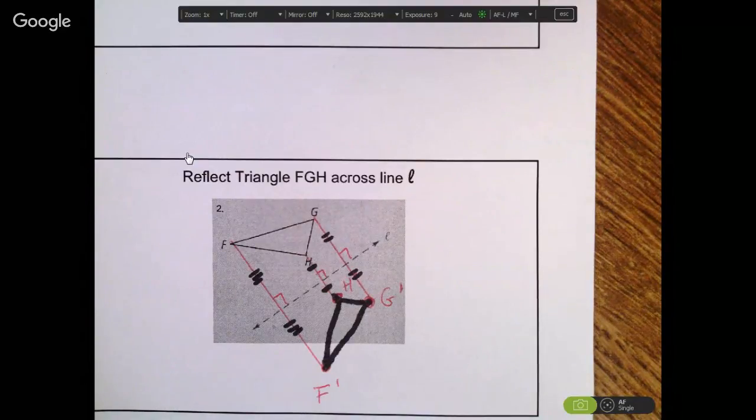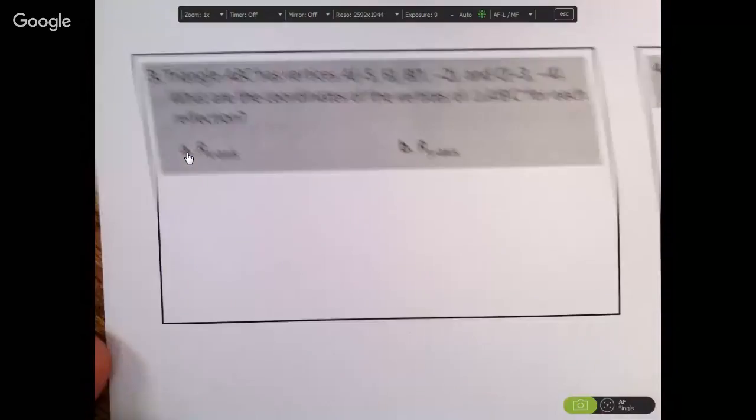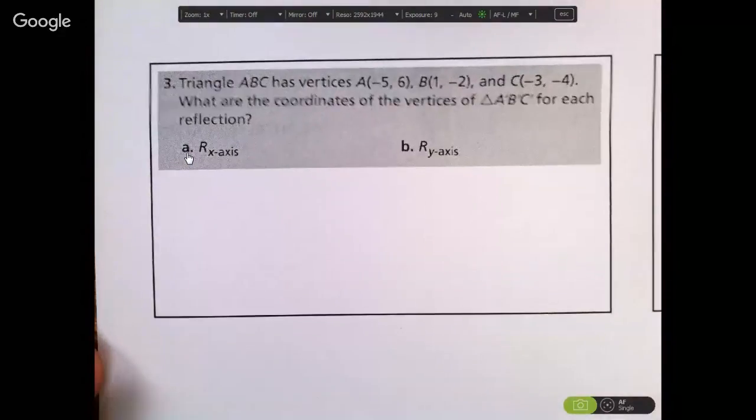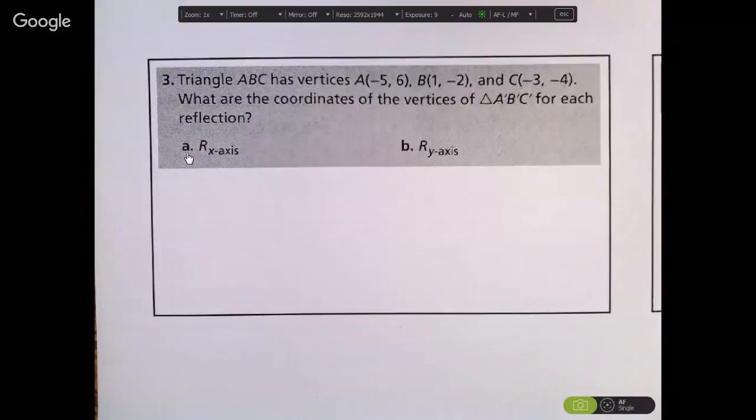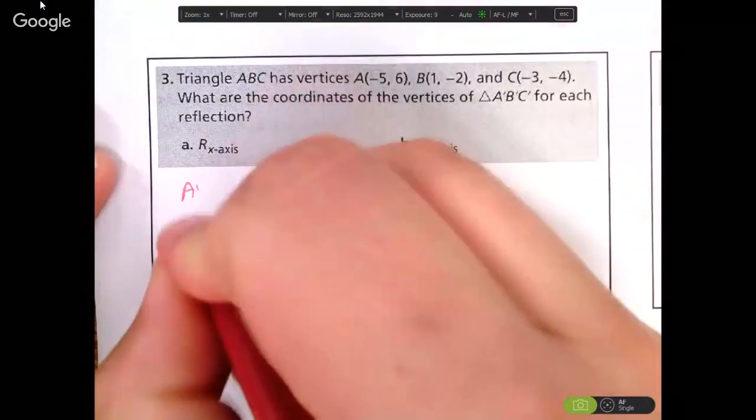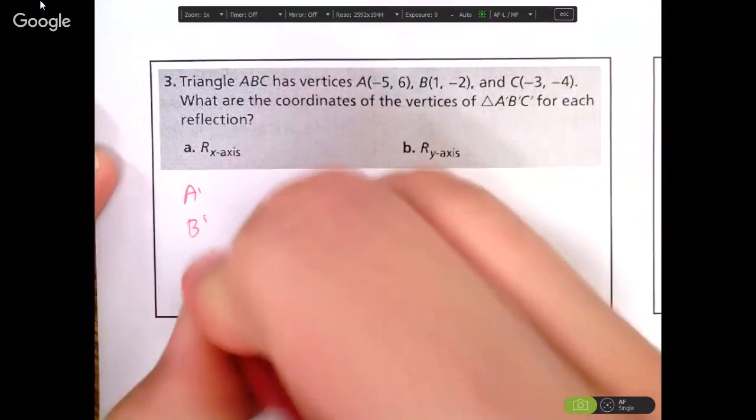Oh my gosh. All right, so now they're going to ask us to use this to explain what's going to happen. So they're giving us that triangle ABC has these vertices, and then we're going to do this reflection, and then we've got to identify the vertices of A prime, B prime, and C prime.